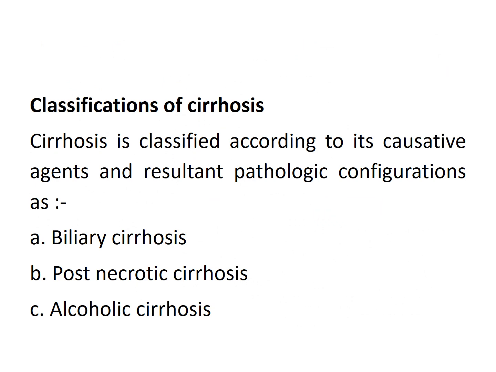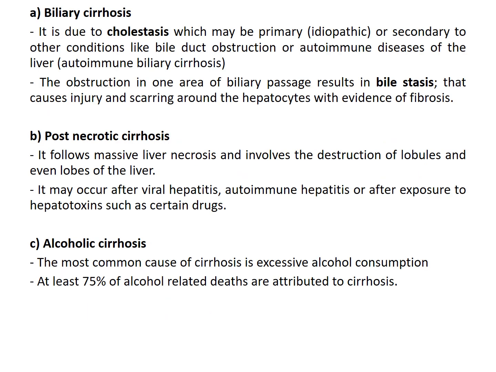We can classify cirrhosis according to its causative agents and resultant pathologic configuration as biliary cirrhosis, post-necrotic cirrhosis, and alcoholic cirrhosis. In biliary cirrhosis, there will be obstruction of one or more areas of the biliary passage, either by a stone or by autoimmune disease, or it could be idiopathic, primary.